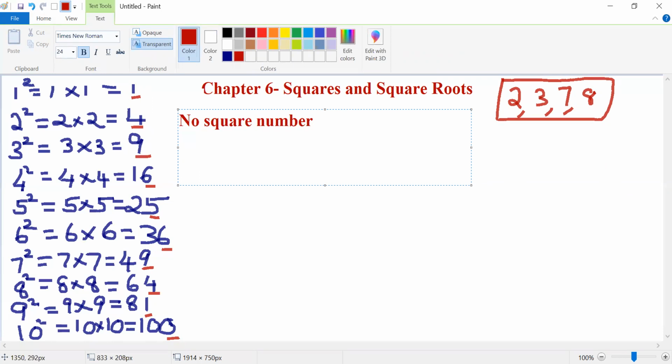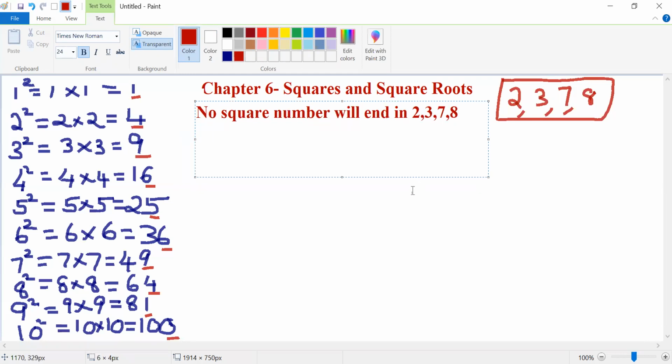The square number can end in any other digit, but it will not end in 2, 3, 7, and 8. Very, very important property. You have to remember this.